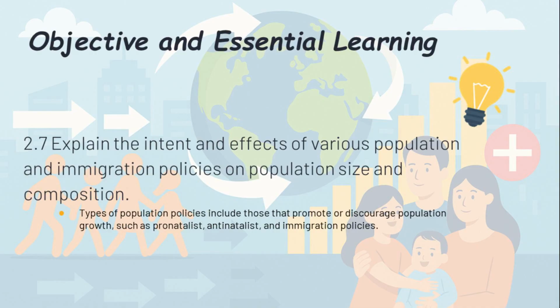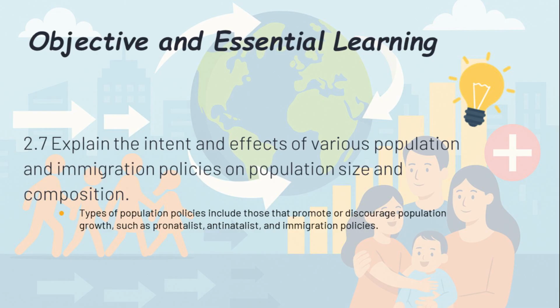Alright peeps, here's what we're learning today. The goal for this lesson is to understand how different population policies change a country's size and makeup. Basically, we're looking at how many people live there and what that population looks like. There are two main types of population policies. Pronatalist policies encourage people to have more kids, kind of like the government saying, go on, start that family, we need future taxpayers.